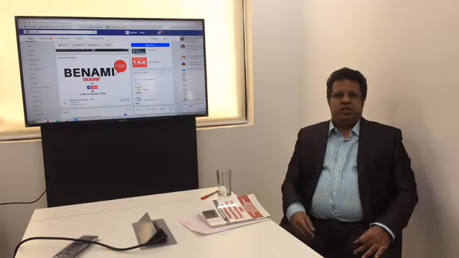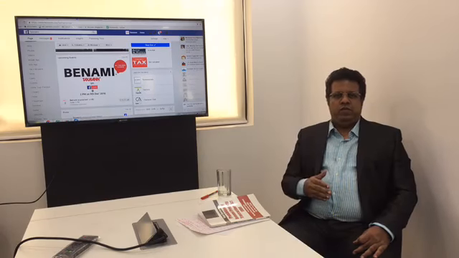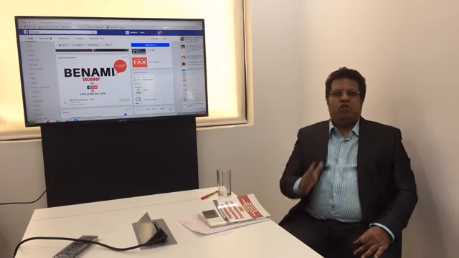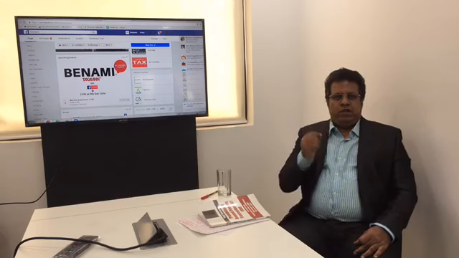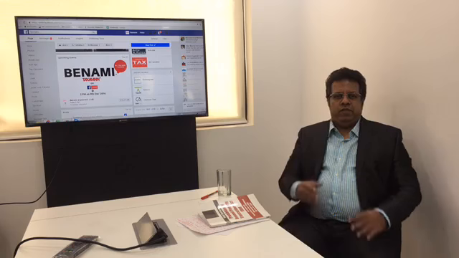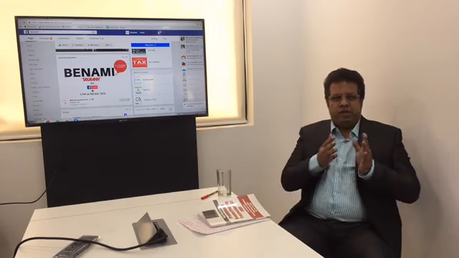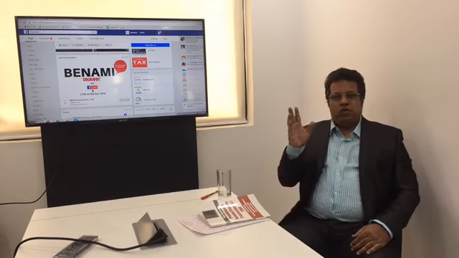There is a misconception that Benami property is about property purchased with black money. It is not so. The basic ingredient in Benami is that the person who provides funds to purchase the property, the beneficial owner, is different from the on-record owner.